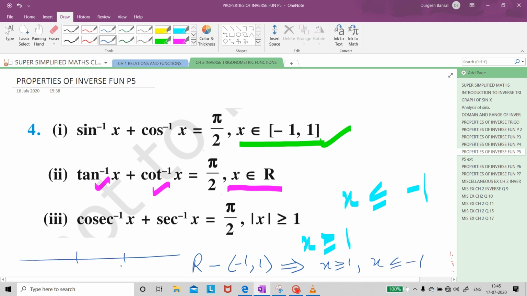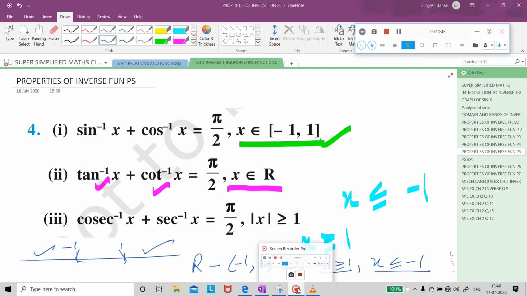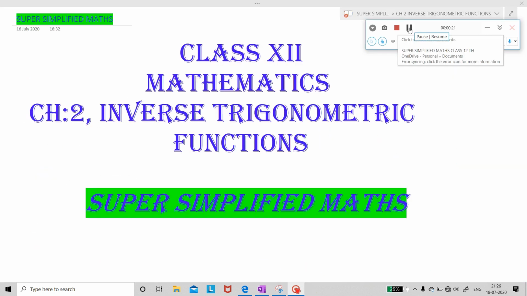Because if from the real line you subtract this open interval, you are left with this portion and this portion of the real line.